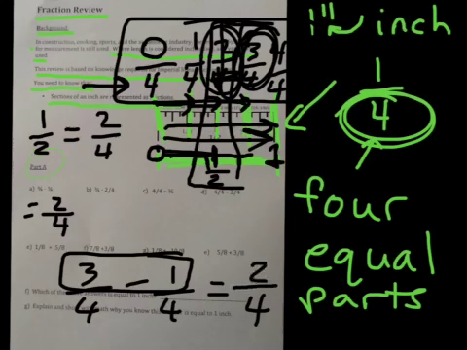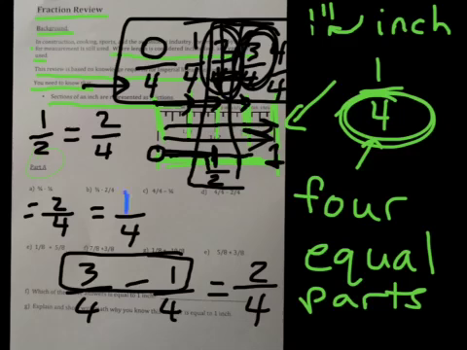In our second fraction, you've got 3 quarters, take away 2 quarters. We keep our common denominator, and we can look at it and say 3 take away 2 is just the number 1.